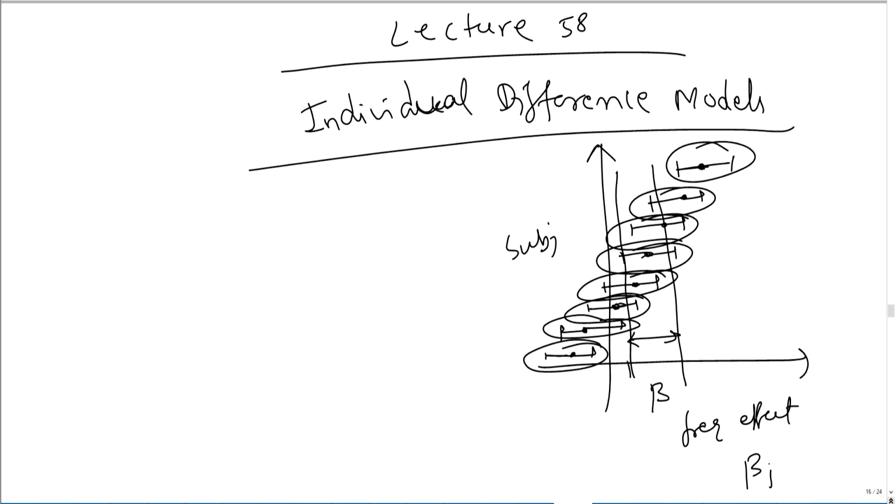One, the inferences drawn from the average behavior may not be generalizable at the individual level. So whatever we have found based on average behavior, it may or may not generalize at the individual level. Certain individuals may go in the opposite direction compared to what we saw at the average level.